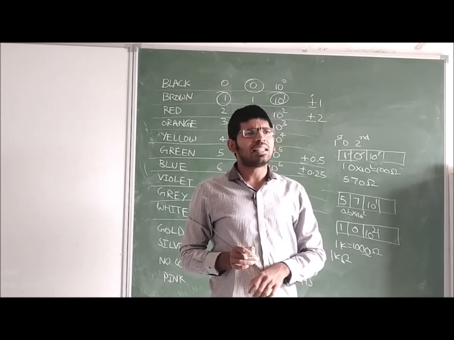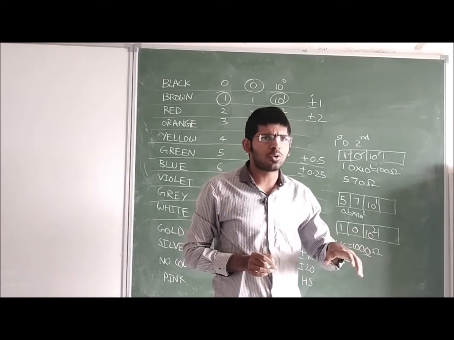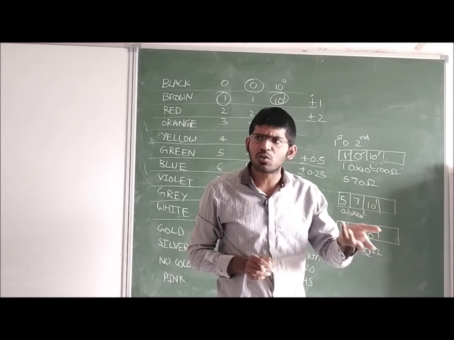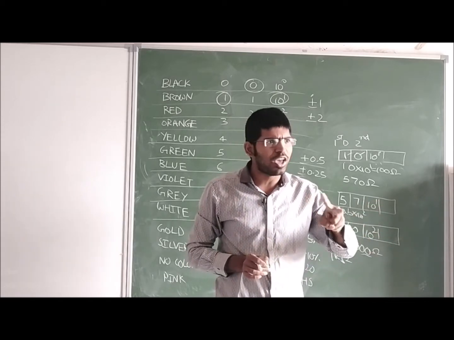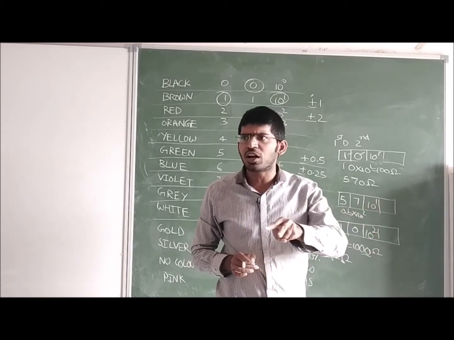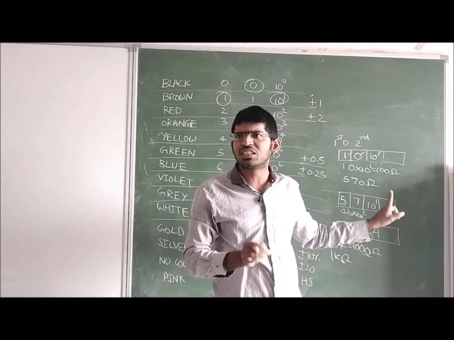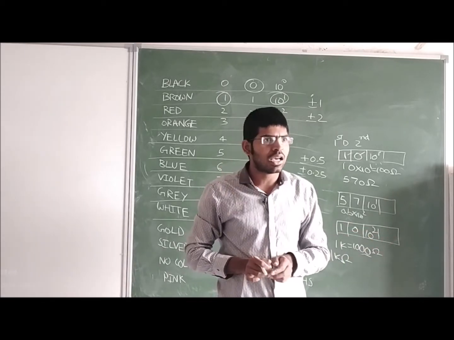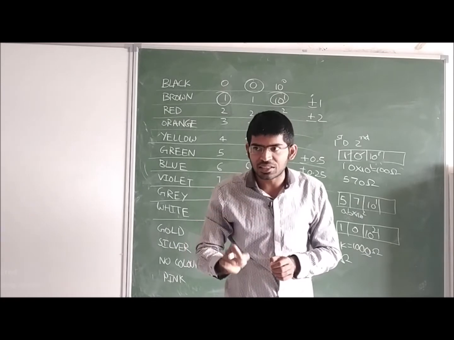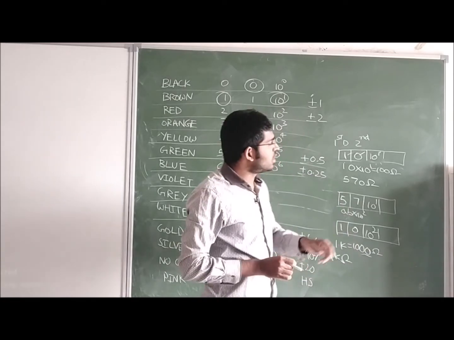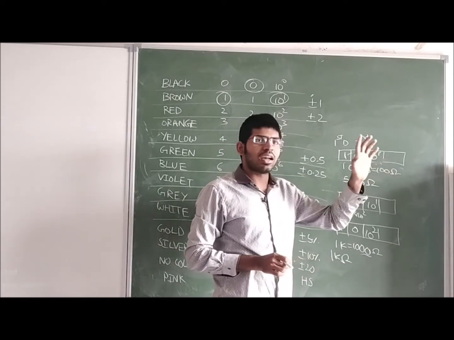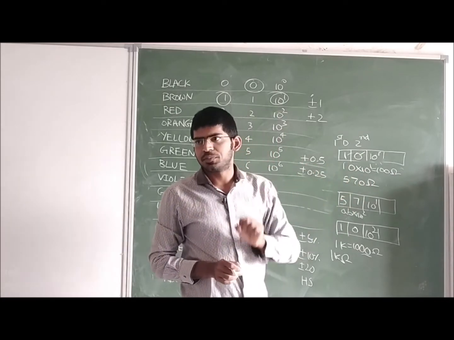They are telling that this 100 ohm resistor, when you connect it in your circuit, may give 95 ohms or 105 ohms. So it is varying between 95 and 105 ohms. So the tolerance of this resistor is plus or minus 5%. So this fourth box we are leaving for the percentage.